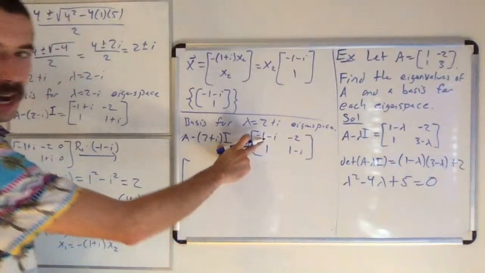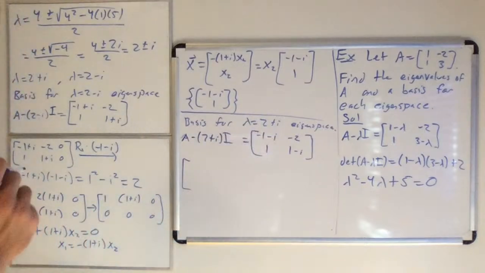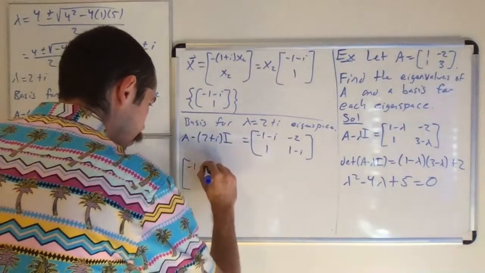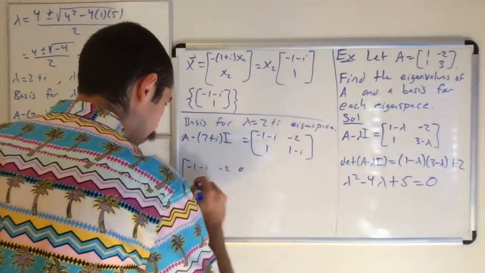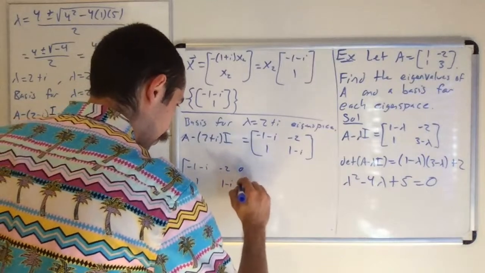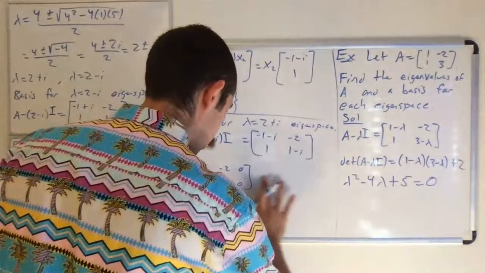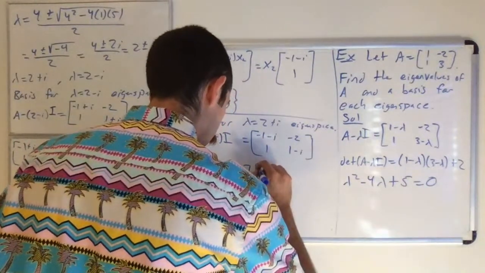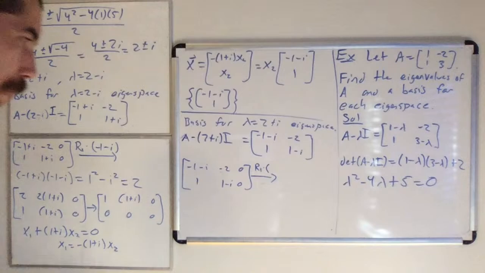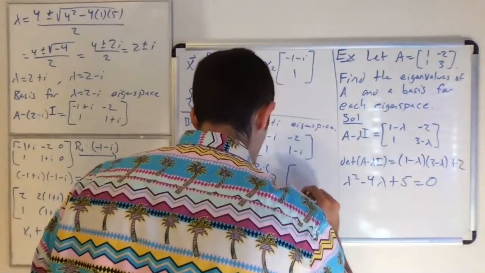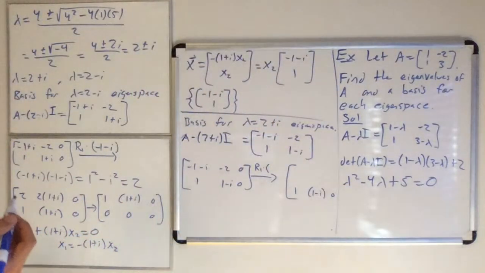Okay, so my question is, what is the complex conjugate of -1 minus i? Yeah, exactly.